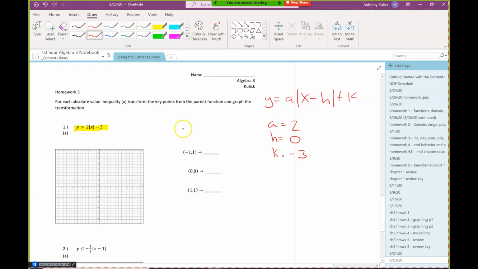I'm then going to use that to write my transformation map. So again, that's (x + h, ay + k). When I plug things in here, I have (x, 2y - 3).